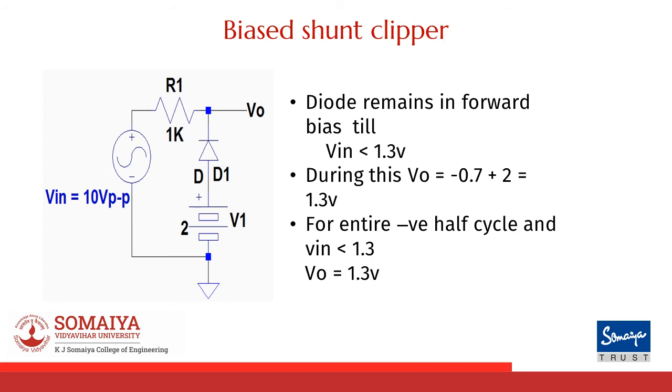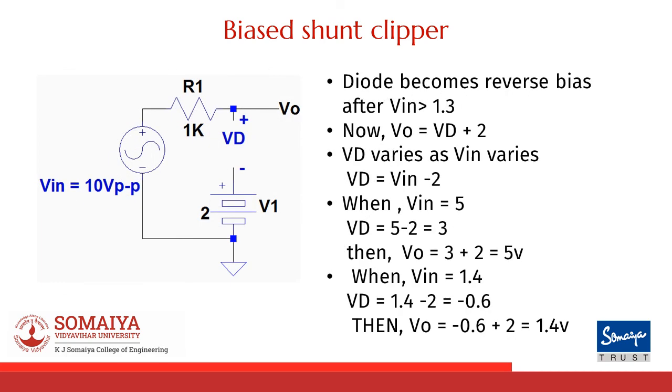So the diode will remain in forward bias for all values of Vin less than minus 1.3 volts. During this phase, the output voltage would be equal to minus 0.7 voltage drop across the diode plus 2 volts of the battery. So VO would be equal to 1.3 volts. VO will be equal to 1.3 volts for the entire negative half cycle and for all values of Vin less than 1.3 volts.